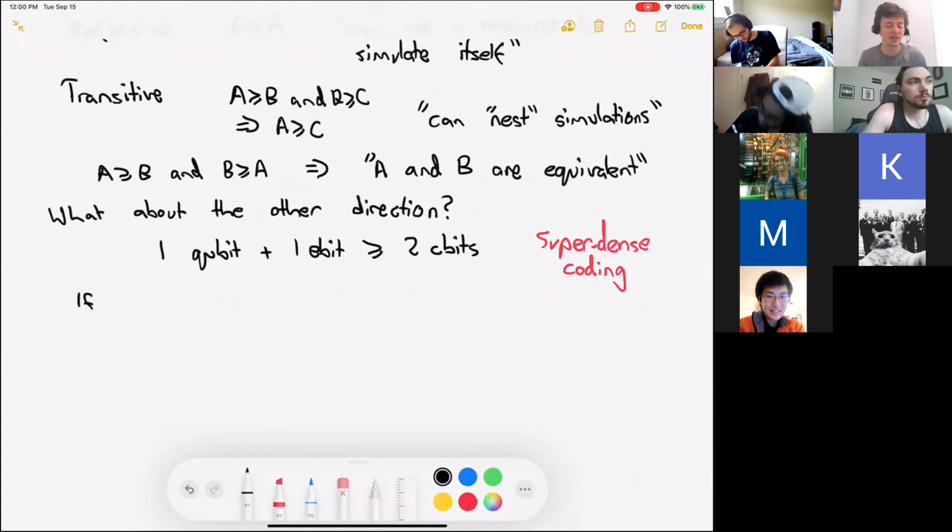If, and this is a big if, entanglement is free, i.e. you have as many E-bits lying around as you want, right?